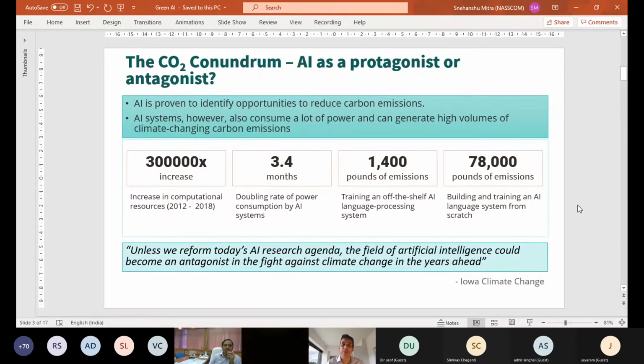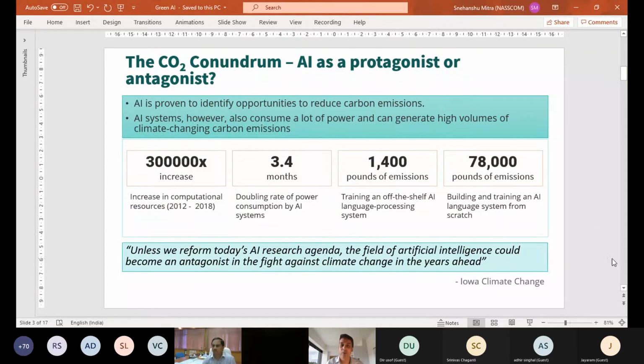The paradoxical situation is that, are you then looking at a negative role that artificial intelligence is playing in relation to the environment? Its role in identifying opportunities to reduce emissions is very well established, but there is another side to it, which is what researchers, academic institutions and certain responsible organizations are trying to alert and inform us about from time to time.